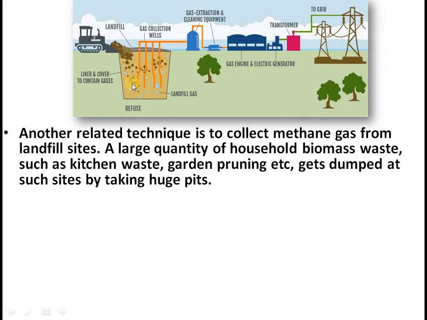So you see, from the waste you can generate electricity. Very beautiful idea. There are such huge pits in the vicinity of many metropolitan cities, and waste can be suitably converted into energy, and the remaining part can be recycled back into fertilizer, which can be supplied to agricultural farms and applications. Understand? Large quantities of household biomass waste, such as kitchen waste and garden pruning, can be dumped at the sites in huge pits.